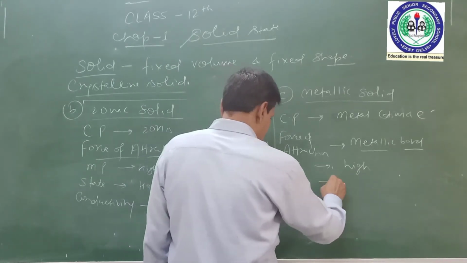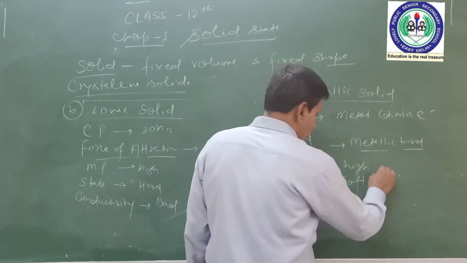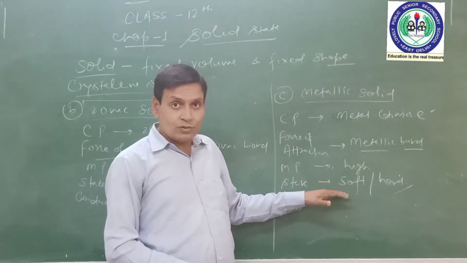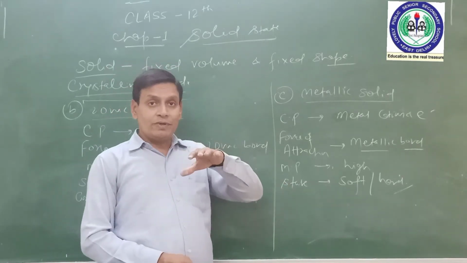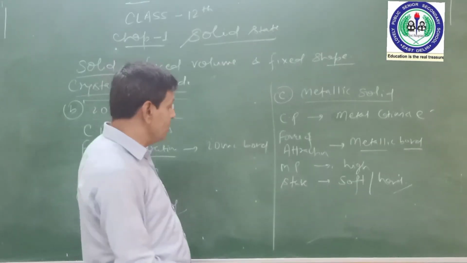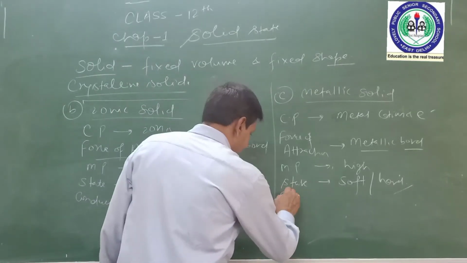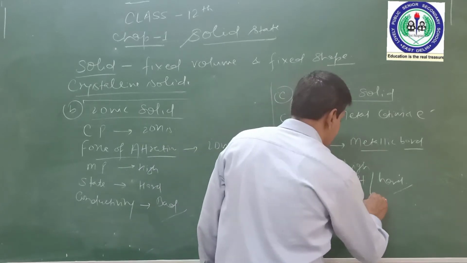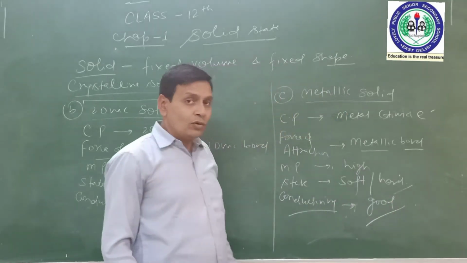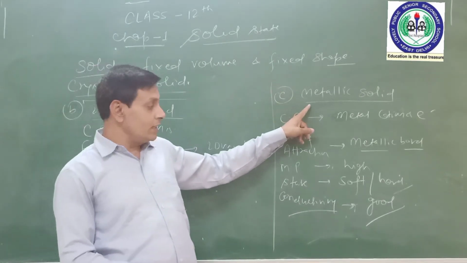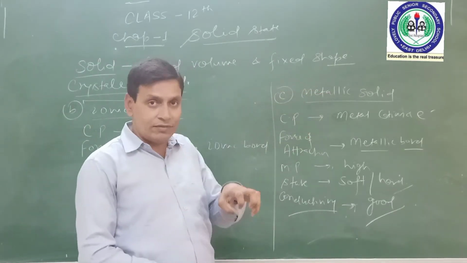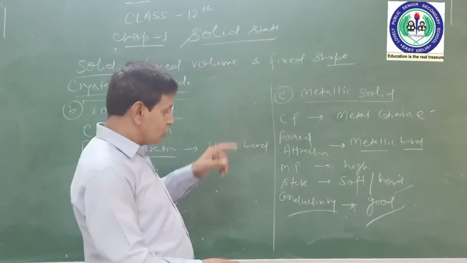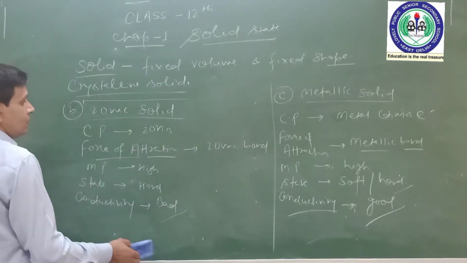States, soft and hard both. Generally metal is hard, but a few metals are soft also. If you think about the alkali metals, the first group and second group metals, those are soft. And what is conductivity? Conductivity is very good. Only this kind of solid on the earth surface is a good conductor, except one exception also there.